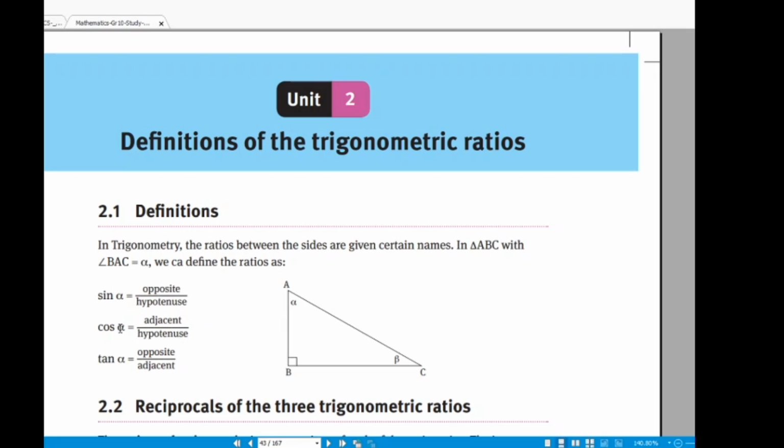The ratio cos alpha is defined as the adjacent side of angle alpha divided by the hypotenuse. The ratio tan alpha is defined as the opposite side of angle alpha divided by the adjacent side, right?